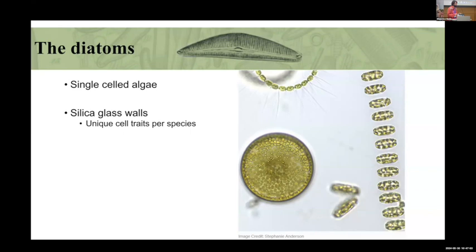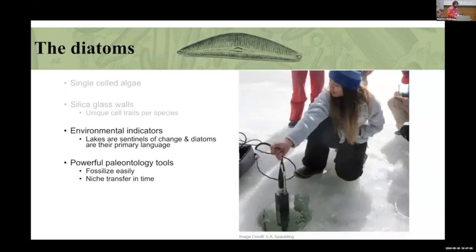Because of that, they make really nice environmental indicators because each species has a pretty narrow niche, and each species has a unique shape and size and form and a bunch of traits that go along with that niche. And because they're made of silica glass, they fossilize really easily and make wonderful paleontology tools.